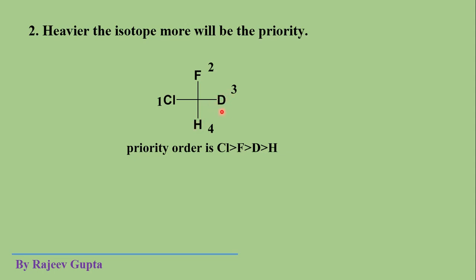But deuterium also contains a neutron, so its atomic mass is higher than hydrogen, so it will get higher priority. So it will get number 3 and the last one is number 4. So the priority order is chlorine, fluorine, deuterium and hydrogen. First of all we check atomic number, then we move towards atomic mass.